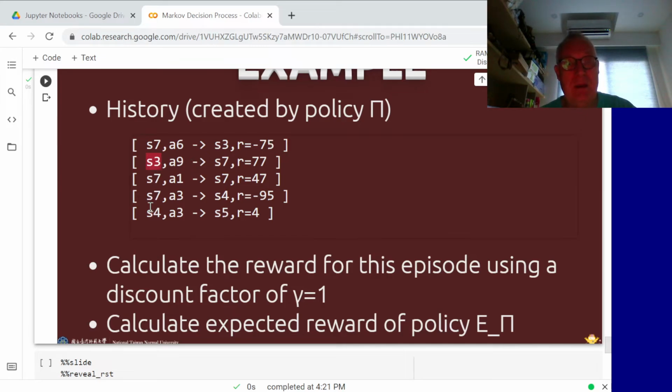Then, next you're in S3, you execute action 9, you end up in state 7, you get $77. Minus 42. Let me check.